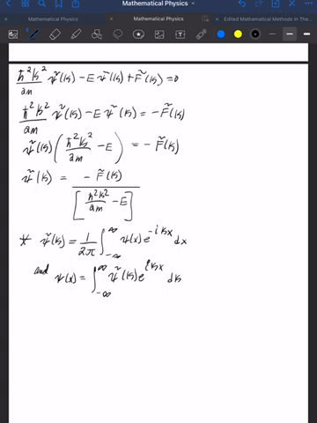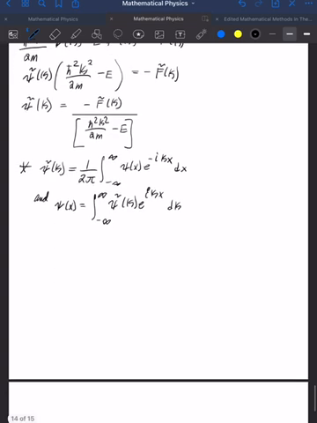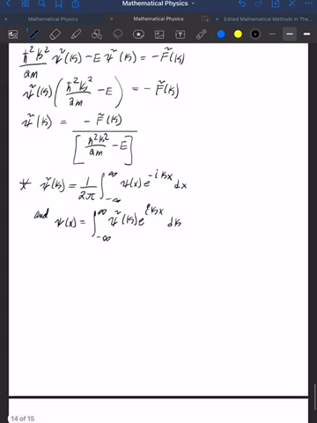We have an expression for psi tilde of k, and that's equal to this right here. Well, in order to go back to psi of x, it is equal to this integral here.